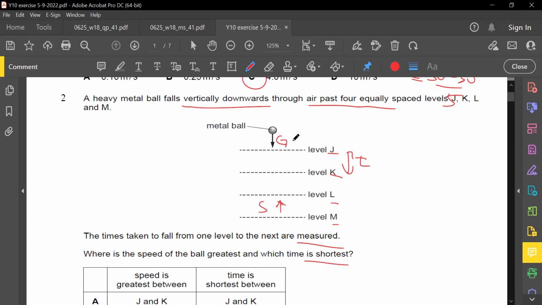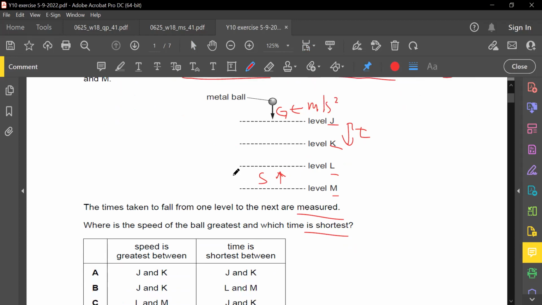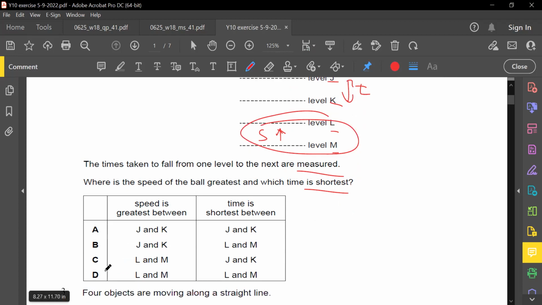Yeah, because gravity is a form of acceleration, right? As it falls lower and lower, the speed of the object is going to increase more and more because of acceleration. So obviously, the shortest time is going to be LM as well, right? And thus, your answer could be no other than D here. Make sense? Do you get this correct? Which one do you circle?